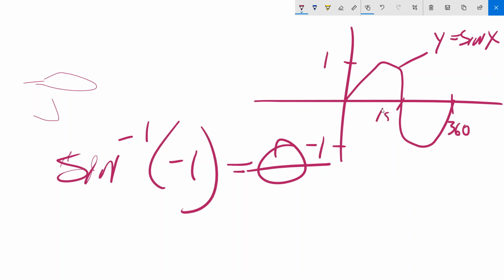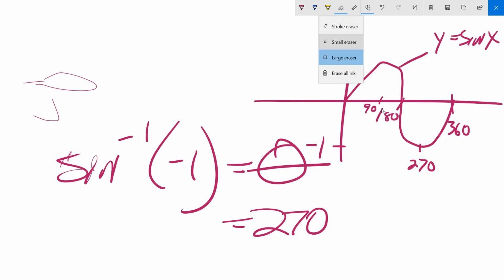That is 180. That is 90. And that is 270. So what's the answer here? What value of theta would the sine of that be equal to minus 1? You got it. I think you get it. Just remember, you take trig functions of angles, you take inverse trig functions of ratios.